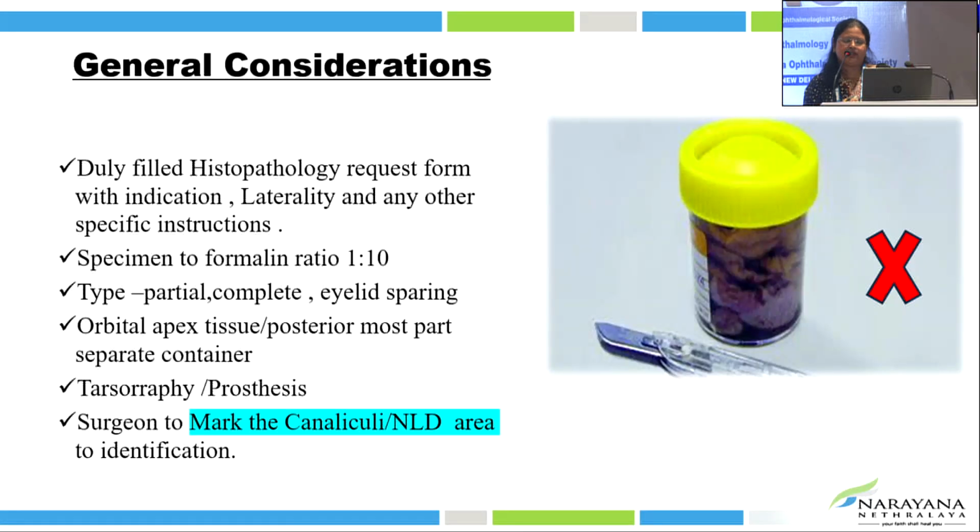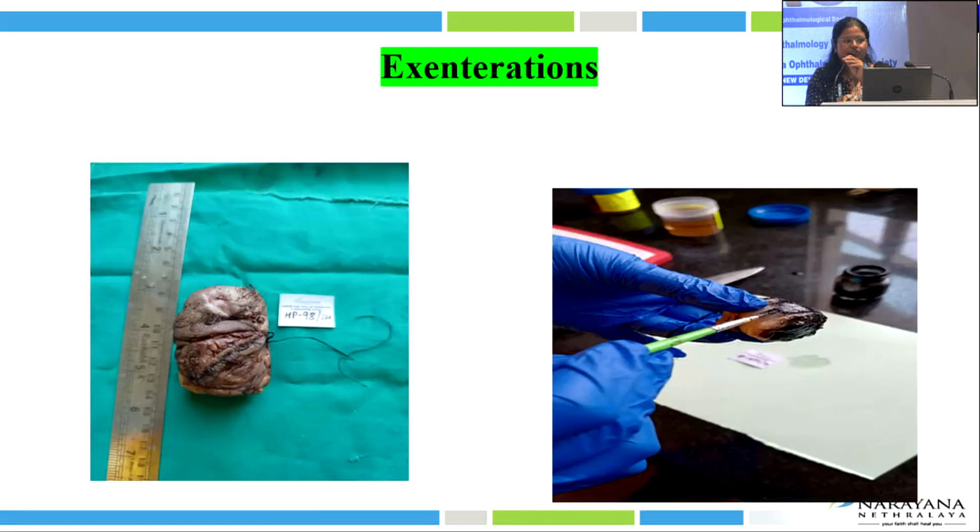Some ocular surgeons prefer sending the orbital apex tissue or the posterior tissue separately for us to comment on. That will be great. Otherwise, just put some suture material and mark it out for us. It is very important to mark the nasolacrimal duct area, because that is the residual lesion, and we have to comment on whether there's any residual tumor left in this region. So that is again important in an exenteration sample.